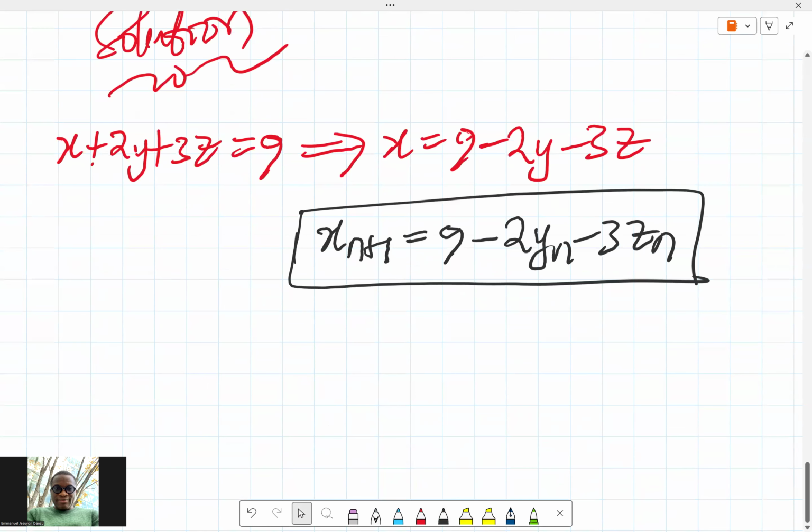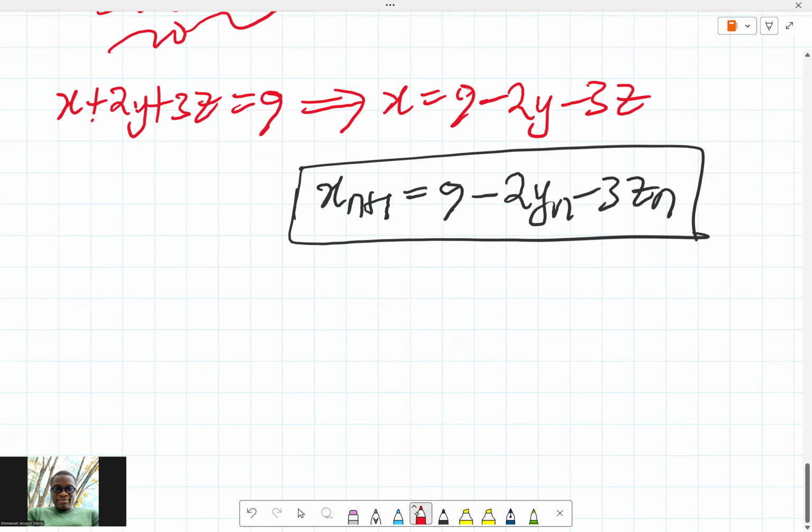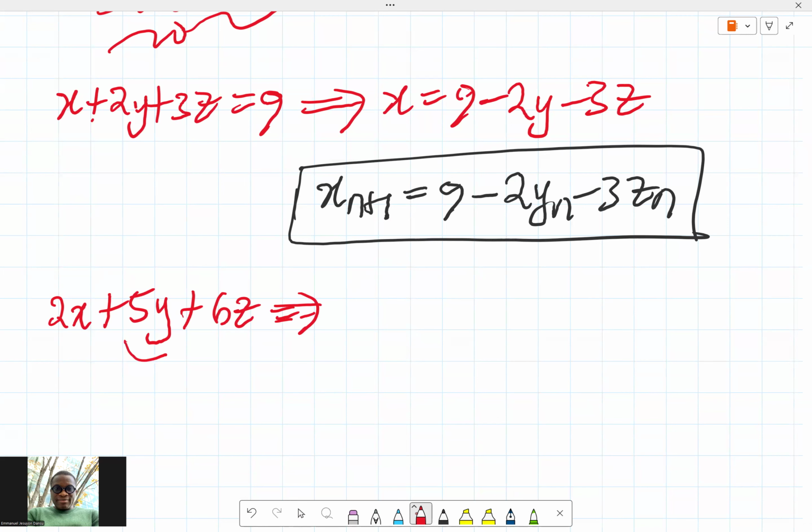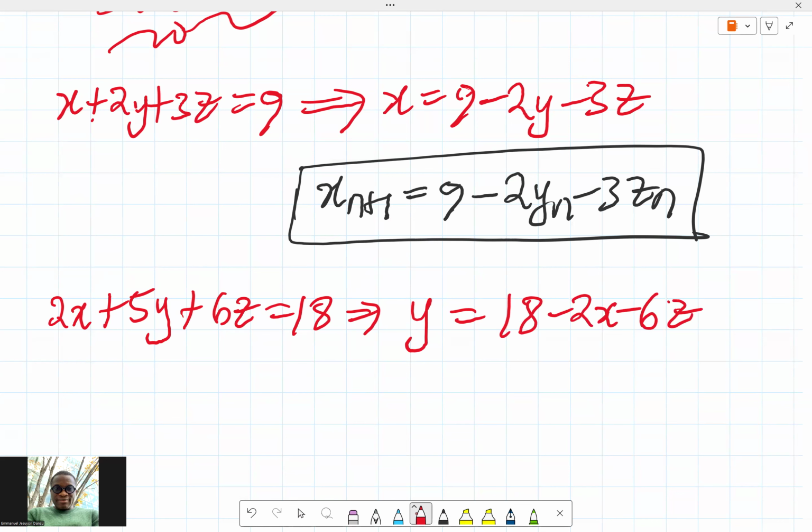By the time you go for the second equation, 2x plus 5y plus 6z equals 18, y is in contention now. So y is equal to 18 minus 2x minus 6z, divided by 5.